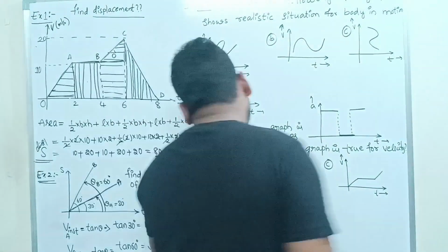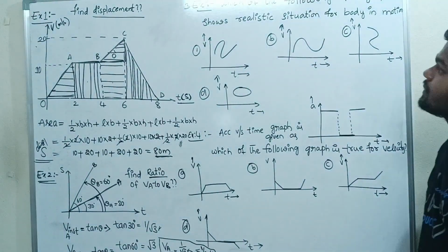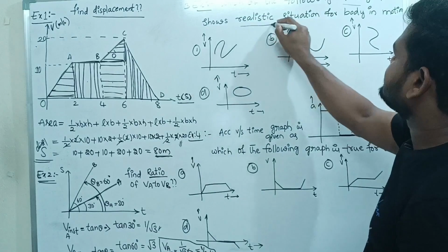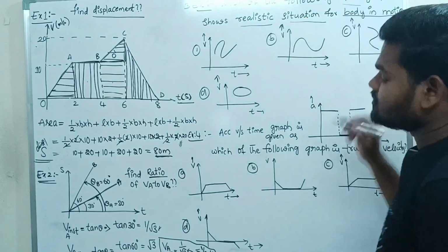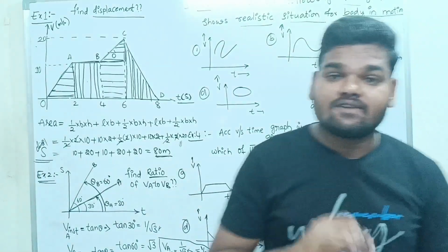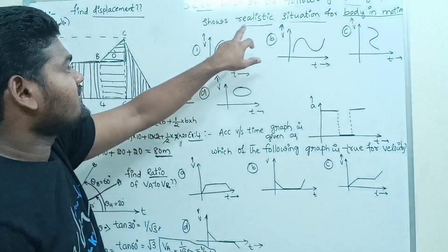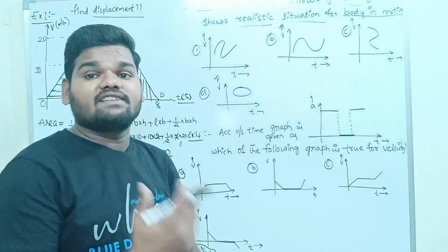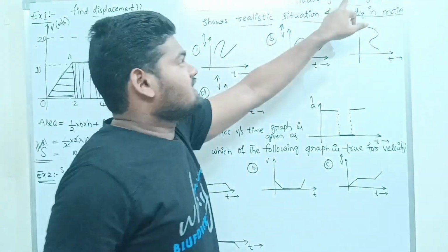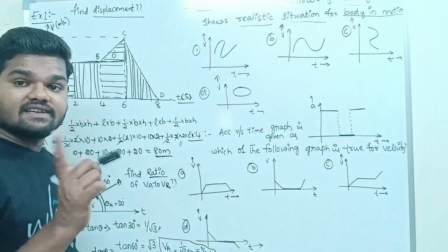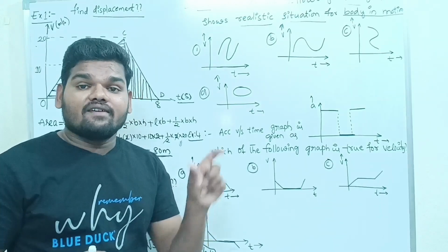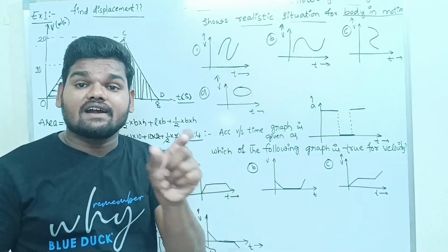Okay. Let us come to this question. Which of the following VT graphs shows a realistic situation for the body in motion? That means which of the following graphs exists? Realistic situation means existence of the graph. So which of the following graphs shows velocity versus time? They are asking that. So let us see the first one. I told you that the following graphs do not exist.